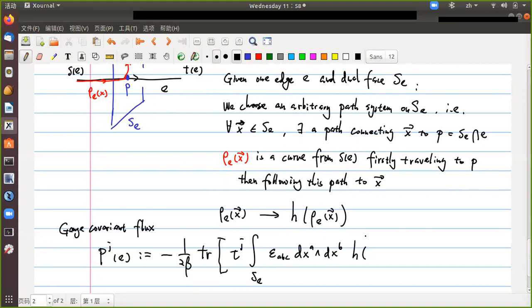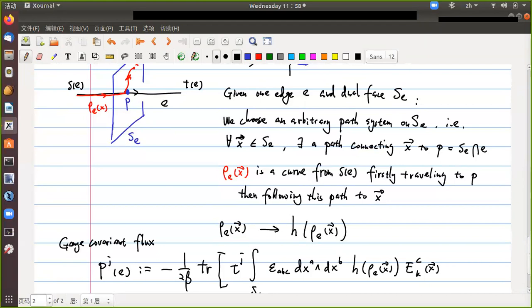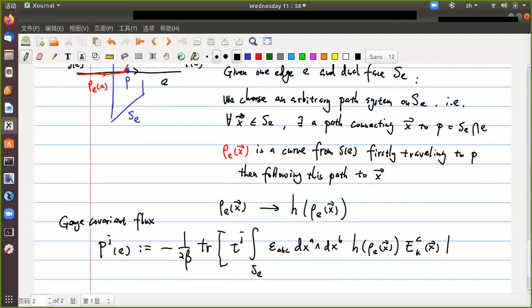And then you have h_{rho_{E,X}}, multiplied by the E variable. Okay, so the flux is related to E. So this is the E field, the densitized triad field evaluated at point X, and then the holonomy along the path inverse.